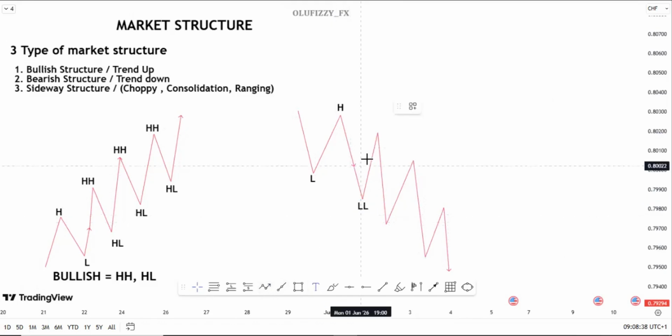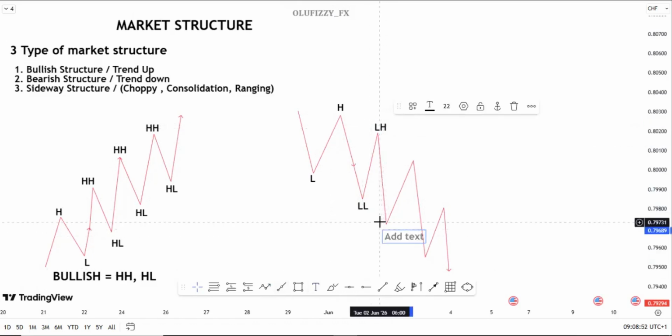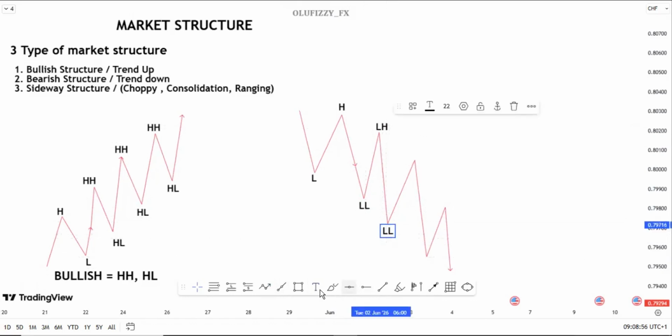So formation of lower lows and lower highs, bearish market structure. We have a lower low and lower high. We have another lower low here, and then we have a lower high.